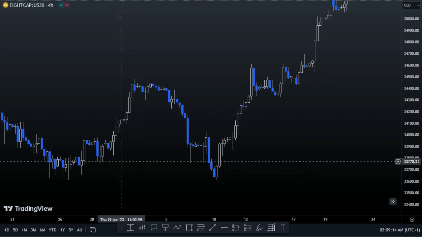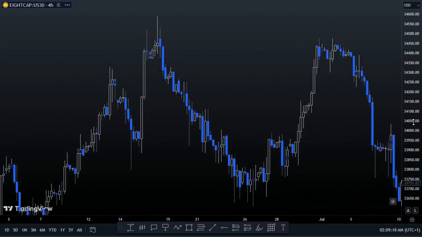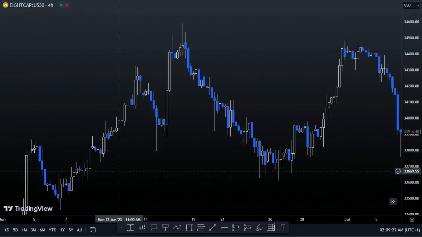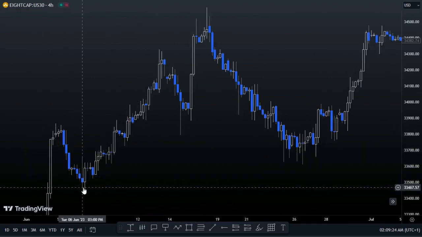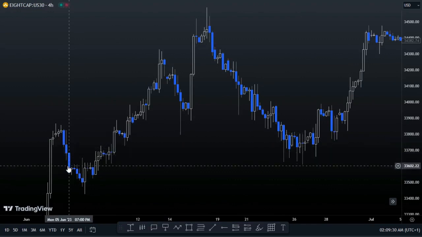Okay, so now let's do a very quick example, say for this area, where we have a higher low. Now if you take time to study this candle, bearish pressure, sell pressure. Let's use sell pressure, that sounds nice.